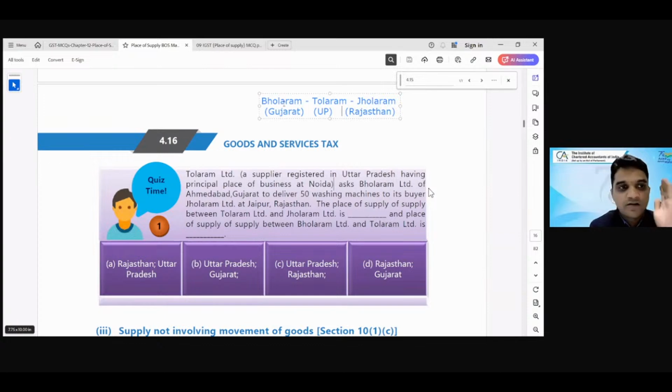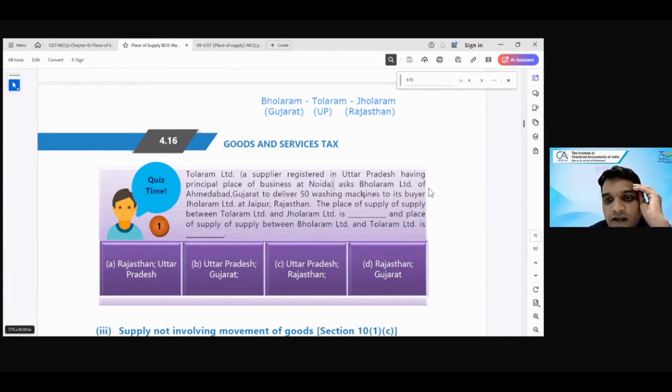This is the transaction. Now you see how the CA question comes. It is very smart. First we will mention Gujarat to UP, so the first transaction is UP, then the second is Rajasthan. But that is where we should not make a mistake, because we have to read the question. What are they wanting to ask?